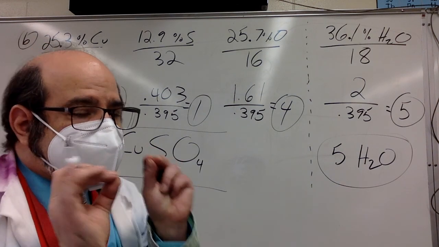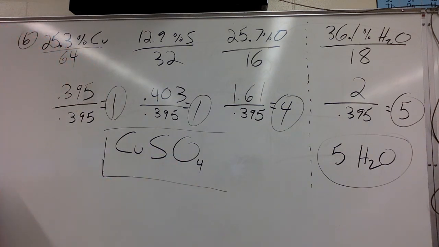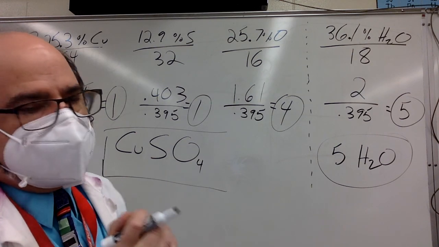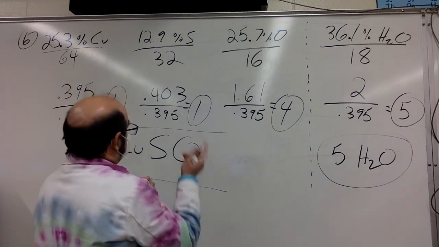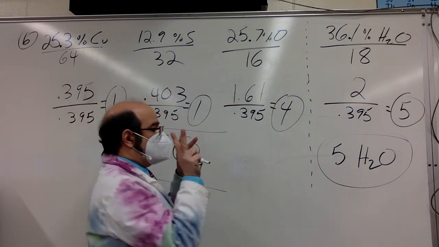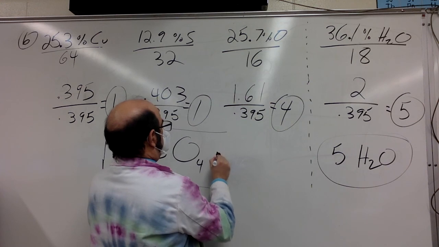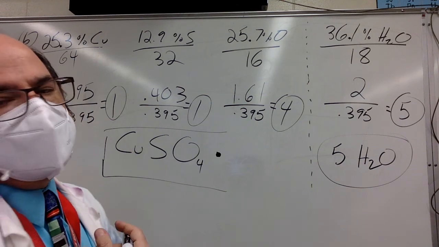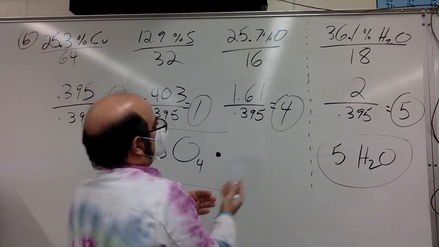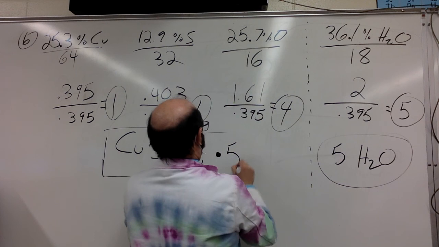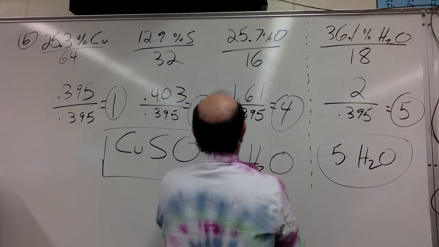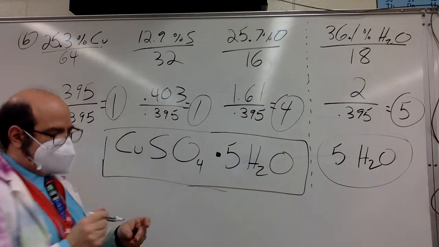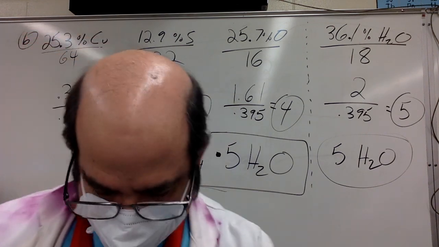It gets special treatment because the waters are waters in the crystal. And I'll show you the crystal in a second again. But the way we write it is we use this giant dot, which is kind of like a multiplying thing. All it's saying is that these 5 waters, 5 H2Os, are attached to this copper sulfate in its crystal form.